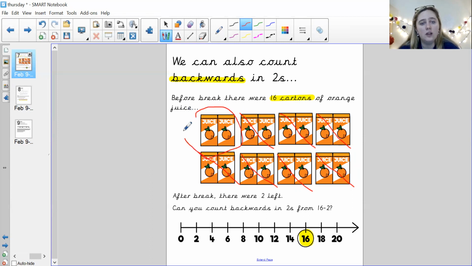So there are only 2 left now. And I used this to help me. So 16, count with me, 14, 12, 10, 8, 6, 4, 2. Well done. That is trickier to count backwards in twos, isn't it?